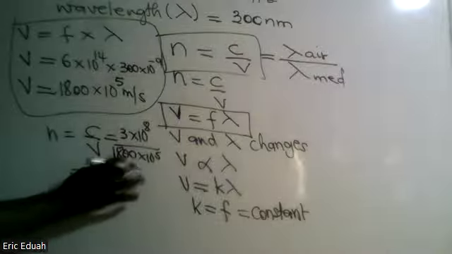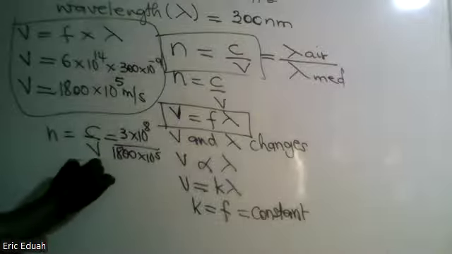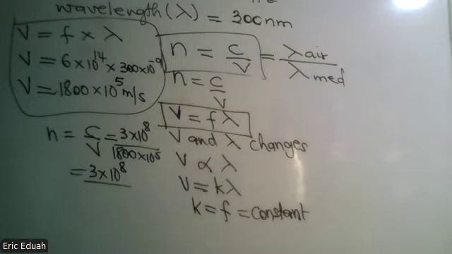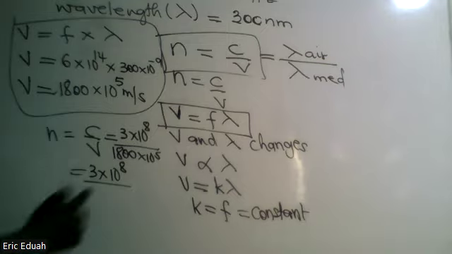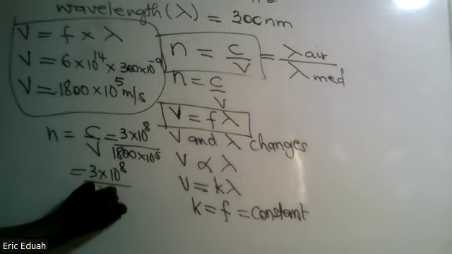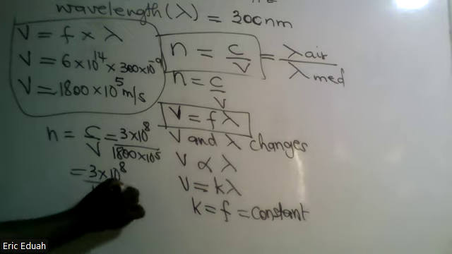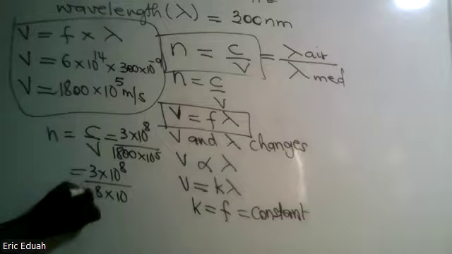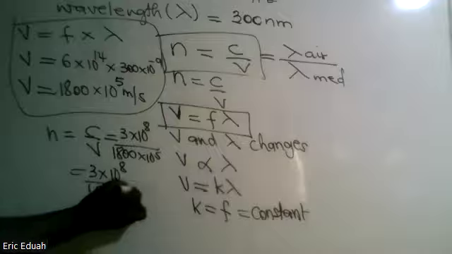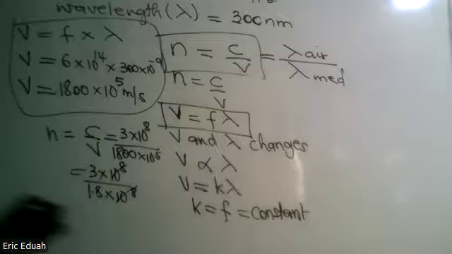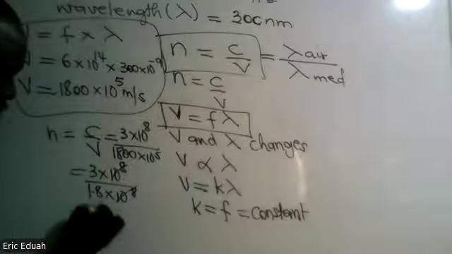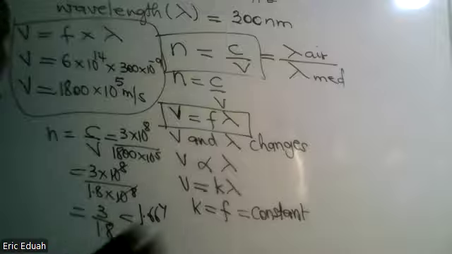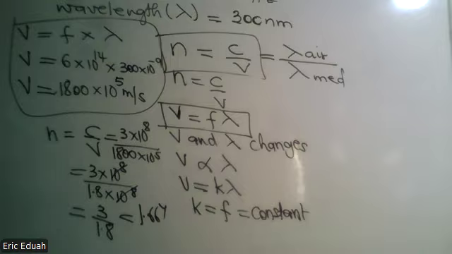Now we can express the denominator as 1.8 times 10 to the power 8, so that this and this cancel. We have the refractive index being equal to 3 over 1.8, and I think this is 1.667, approximately 1.67.